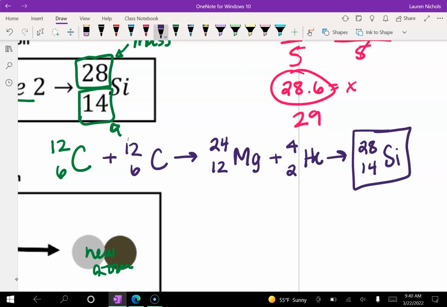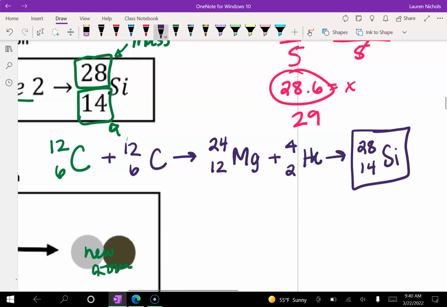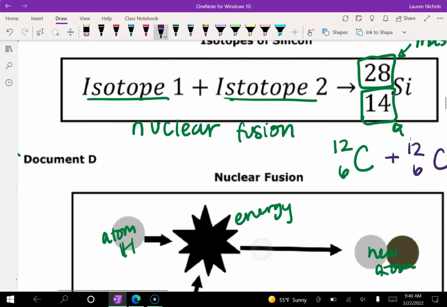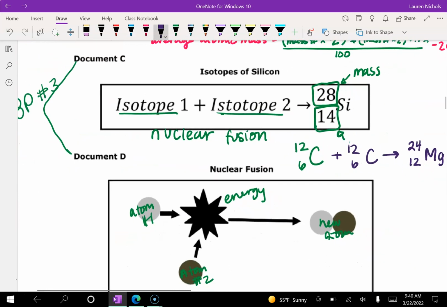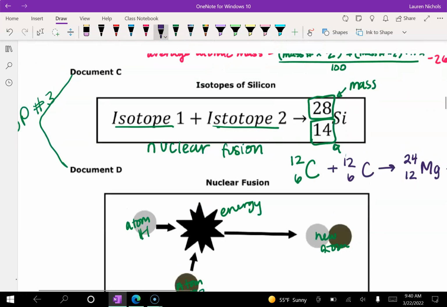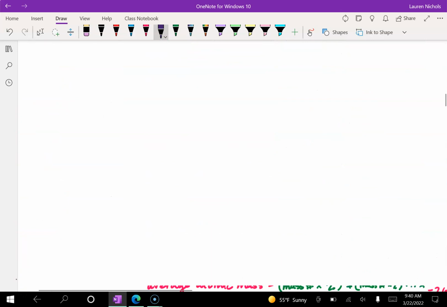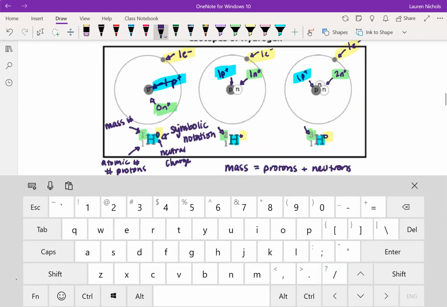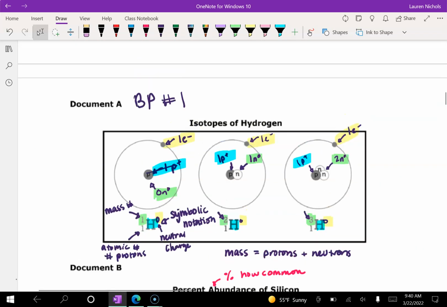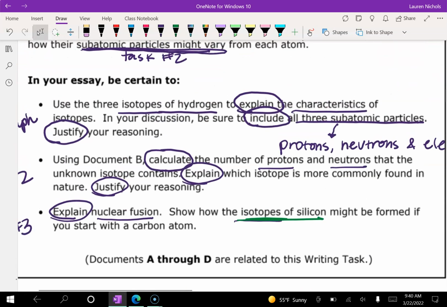That's what we'll talk about in bullet number 3. So this is how we figure out that information, and hopefully you are refreshed in your understanding of isotopes, average atomic mass, and nuclear fusion and how it happens.